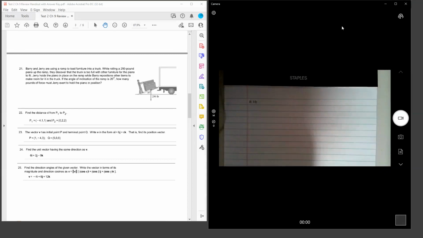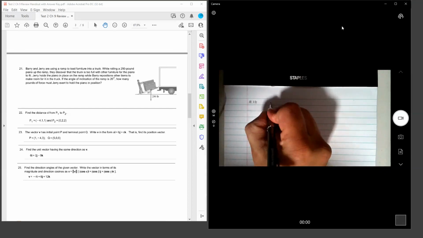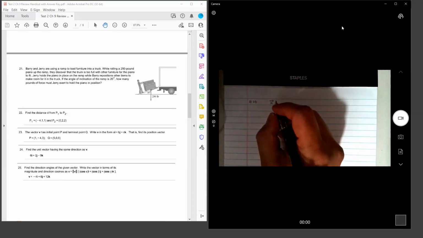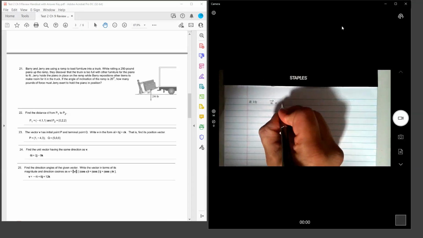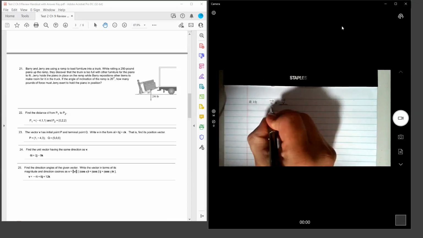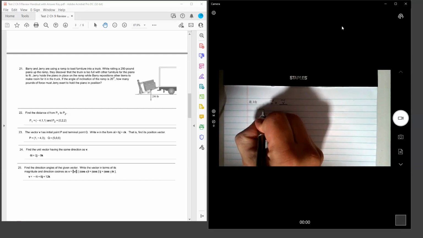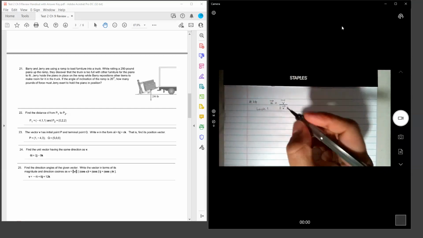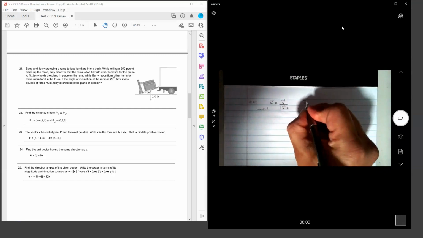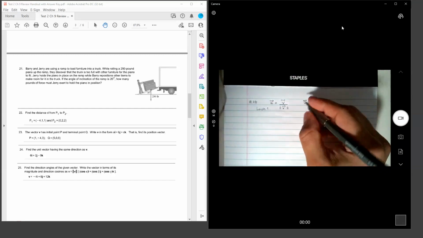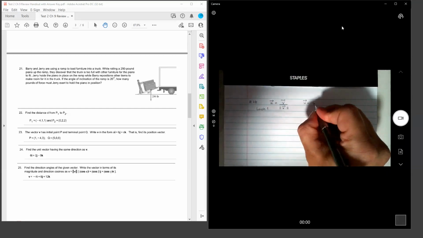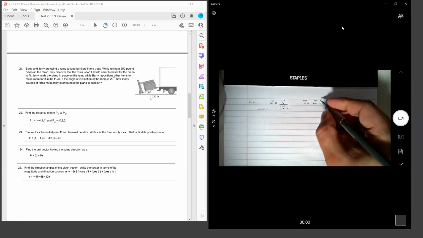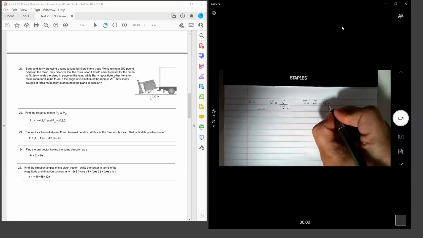And number 24, they want us to find the unit vector. So I'm going to call that u. This unit vector is going to be in the same direction as the vector v, but the unit vector has length 1. Therefore, we need to divide by the magnitude of vector v. In this case, the vector v is given as a three-dimensional vector 6i plus 2j minus 9k.